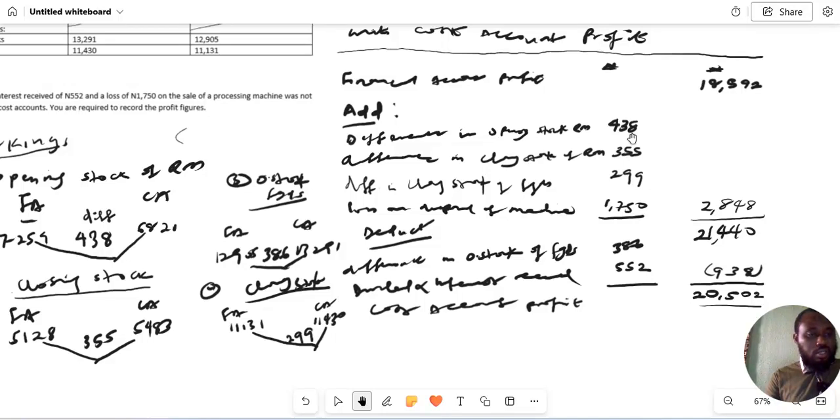The opening stock figures, 12905 and 13291, are correct. So we have the financial accounting profit. Let's check that.